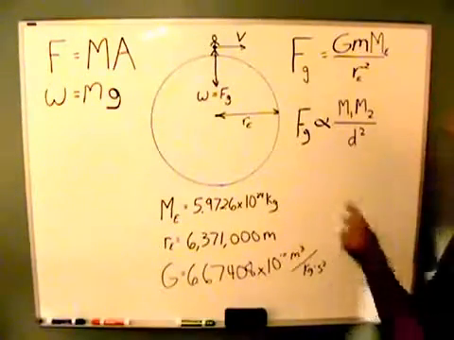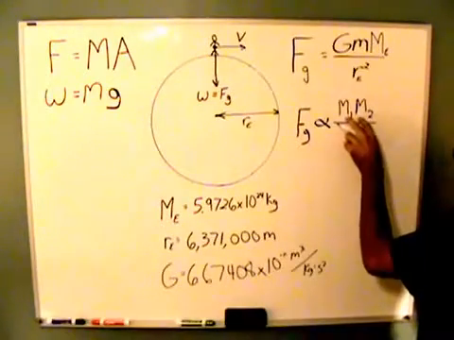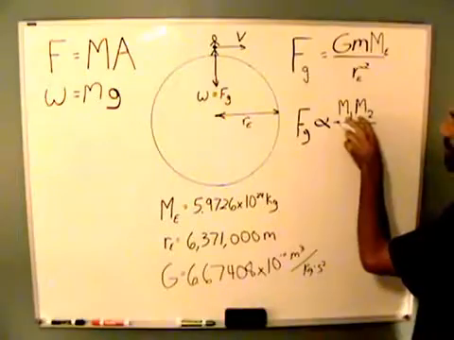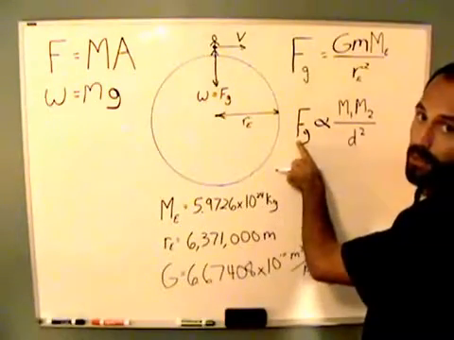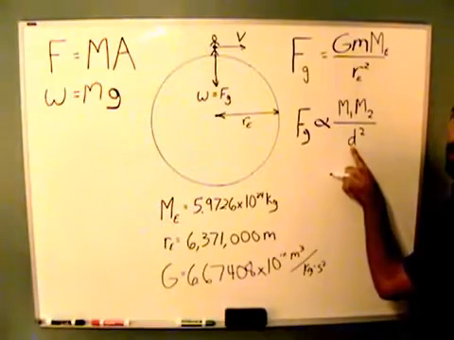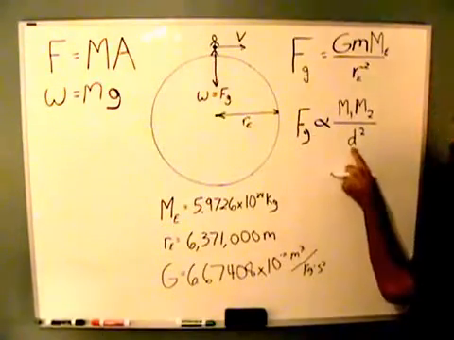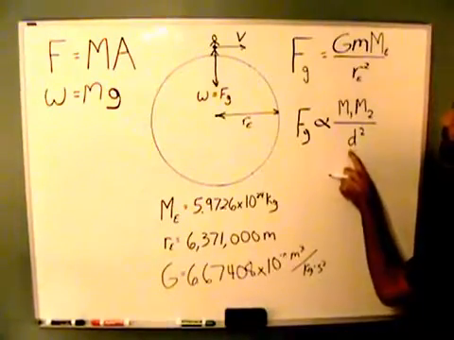Okay? He said they're proportional, they're not equal. So what this means is, if either one of these masses goes up, or both of them go up, the force of gravity also goes up. But as the distance between them increases, the force of gravity goes down. And as you can see, this is squared, so distance plays a big part here.